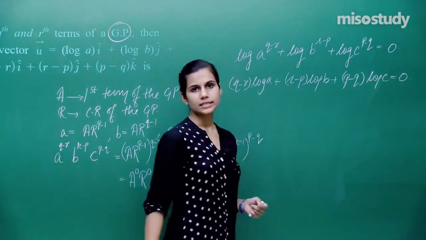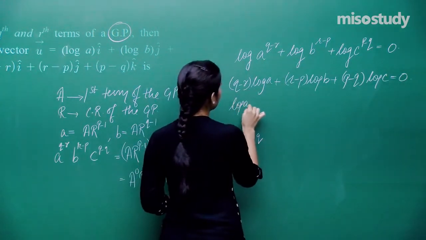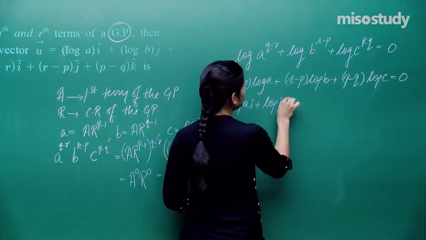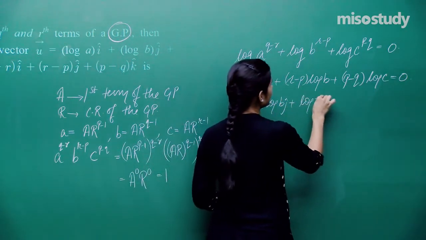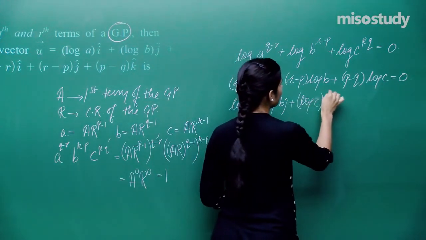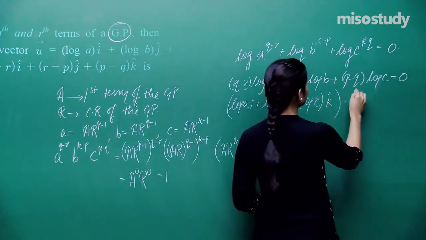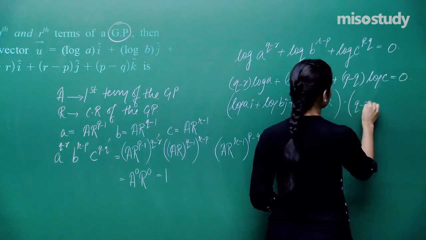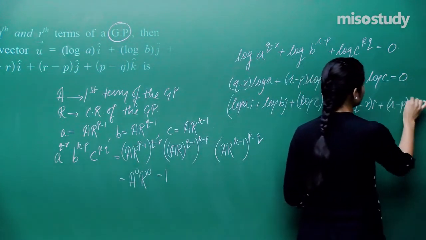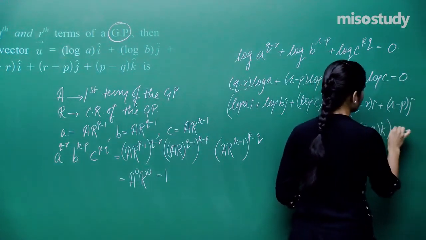What is this? Isn't this the dot product of log a i cap plus log b j cap plus log c k cap, this vector's dot product with q minus r i cap plus r minus p j cap plus p minus q k cap?